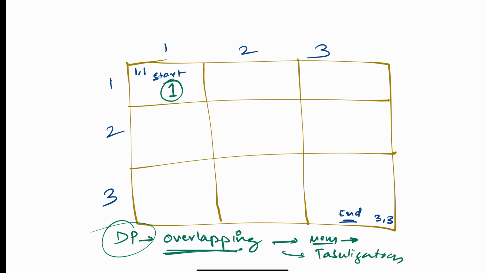Now, when I say tabulation, the matrix can be either a one dimensional matrix or a two dimensional matrix. This matrix represents the solution. It is not an approach. This is the small solution which I will utilize to solve the next problem. Always remember, in DP, every next step depends on the solution of the previous step.